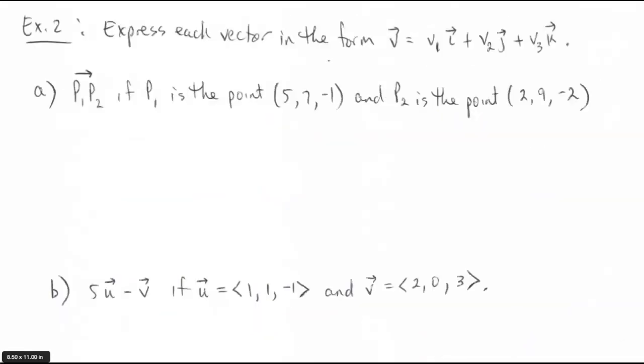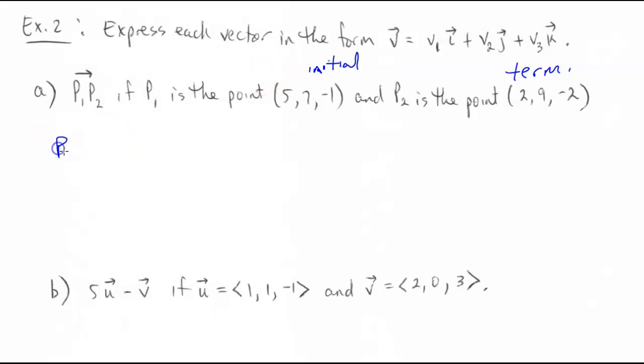So in example number 2, what we want to do is take the vectors that are being described here, and write them in component form, more so the algebraic component form, where we're using the i, j, and k directional unit vectors to do it. Okay? So for starters, we have a vector P1P2. P1 is going to be the initial point, and P2 is going to be the terminal point.